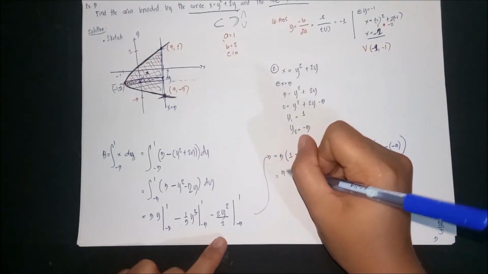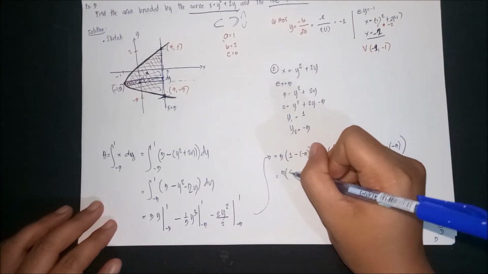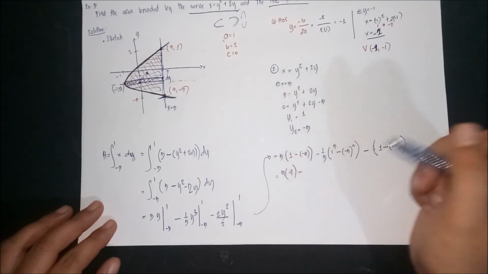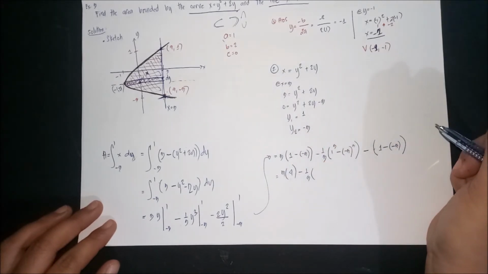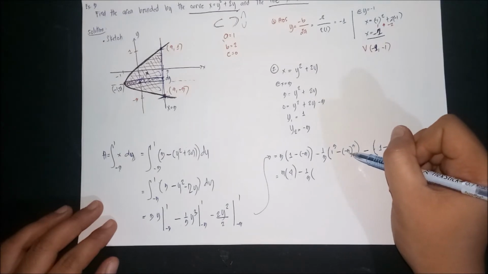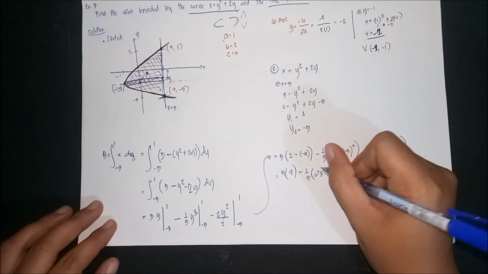This is equal to 3 times, this becomes positive, 1 plus 3, that is 4. Minus 1/3 times 3 times 3, 9, times 3, 27. Negative 27, positive 27. So this is 28.